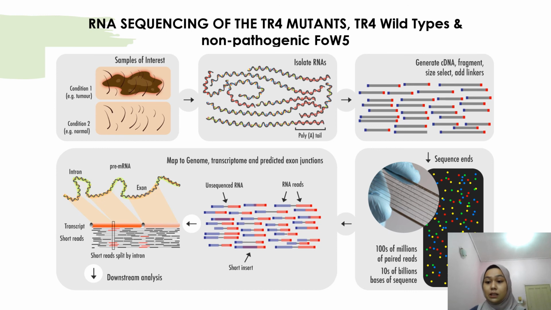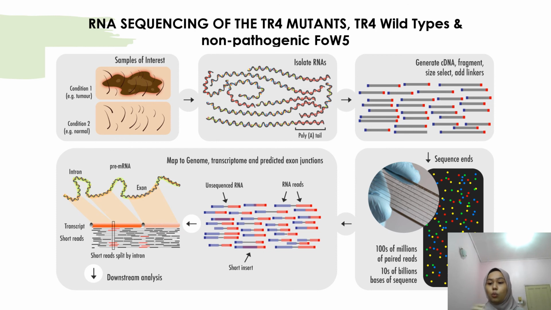Next is the RNA sequencing. After we extract the RNA, we will send it for sequencing in China to see the downstream and also the upstream of the MAT gene in TR4.